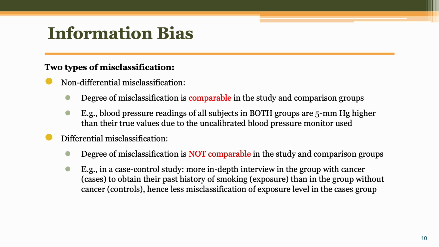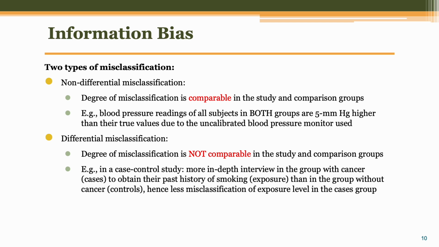There are two types of misclassification, namely non-differential misclassification and differential misclassification. Non-differential misclassification means the degree of misclassification is comparable in the study and comparison groups. For example, using an uncalibrated blood pressure monitor, the blood pressure readings of all subjects in both groups are 5 millimeters of mercury higher than the true values.